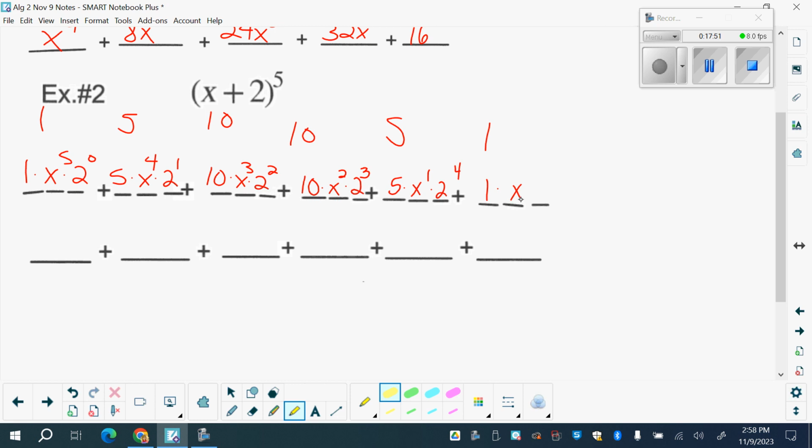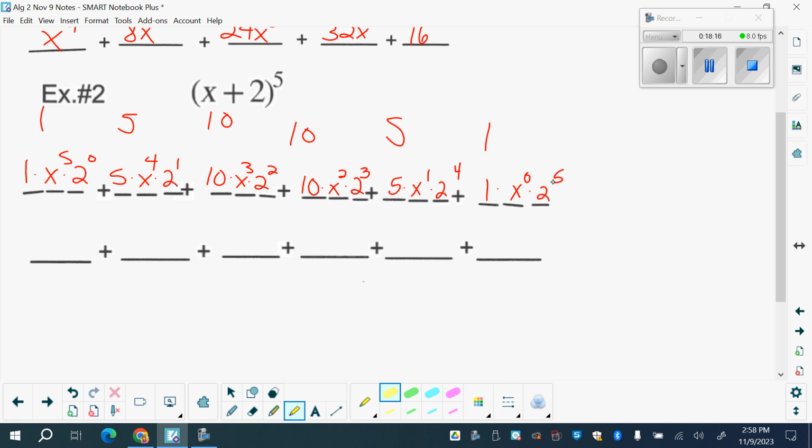What would the next one be? 0. 5, 4, 3, 2, 1. Do you see a pattern? 0, that's right. And so what would the exponent on the 2 be? Let's look at the pattern on the exponents on the 2. 5, that's right.